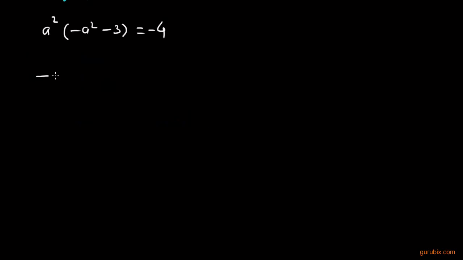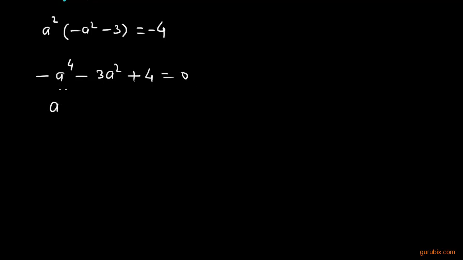Then this is equal to negative a raised to the 4th power minus 3a square plus 4 equals 0, and now we shall multiply both the sides by minus 1.